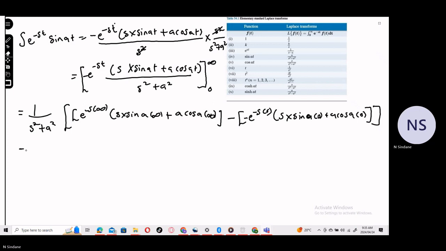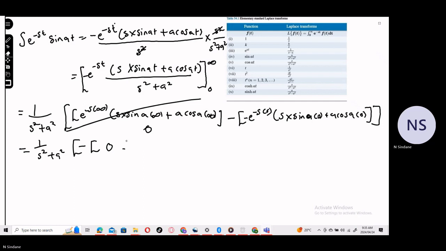This will give us 1 over s squared plus a squared. This is 0, right? So we're left with, in brackets, minus into 0, because sine of 0 is 0.